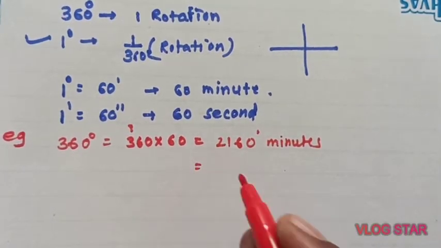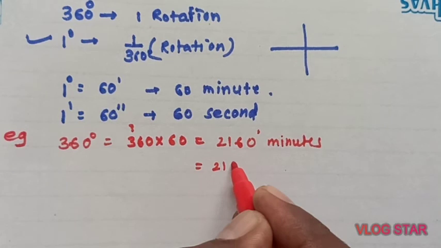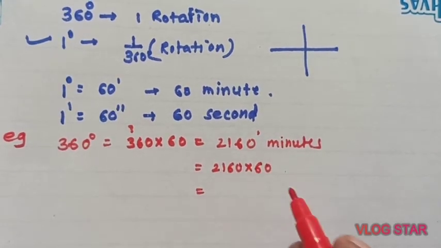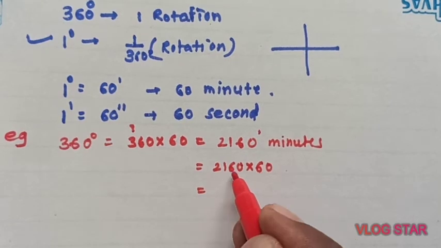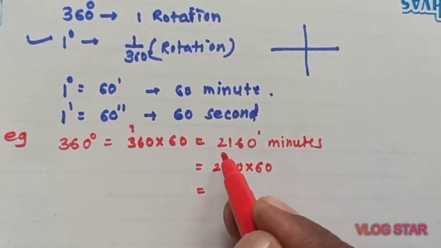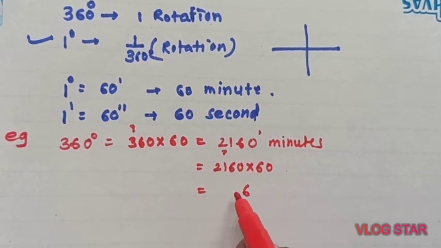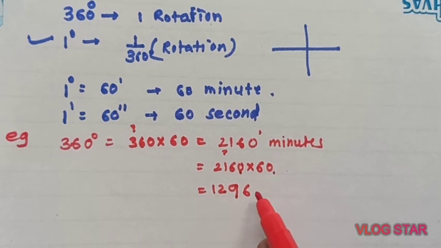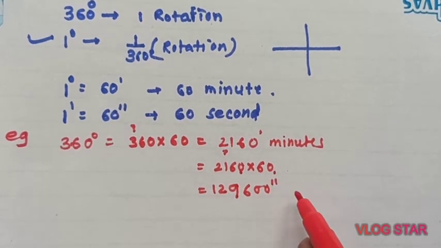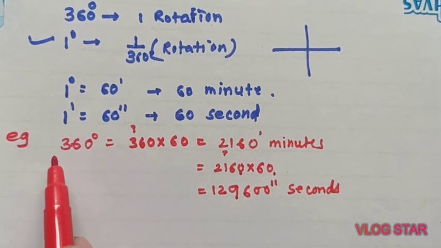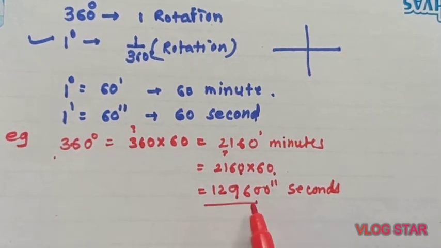If you want to answer in seconds, 21600 into 60, so what will be that calculation? 6 6s are 36, 3 carry, 6 1s are 6, 7, 8, 9, 6 2s are 12, and 2 zeros. These many seconds. So one rotation is equal to these many seconds.